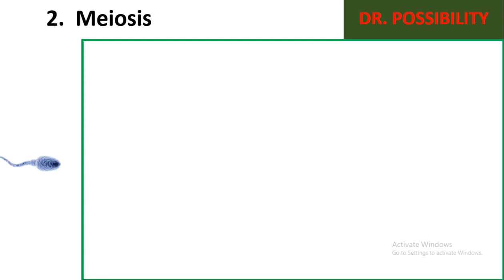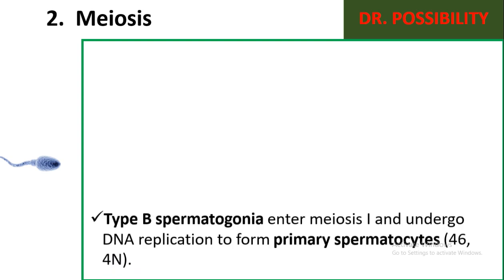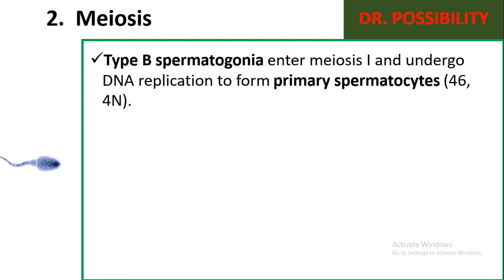What's going to happen in meiosis? The type B spermatogonia is now going to undergo the process of what? Meiosis 1. And this type B, which has undergone meiosis 1, is the one now which is going to give us the what?